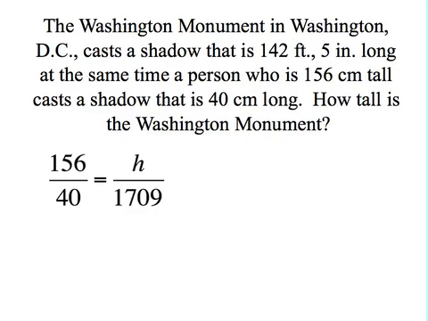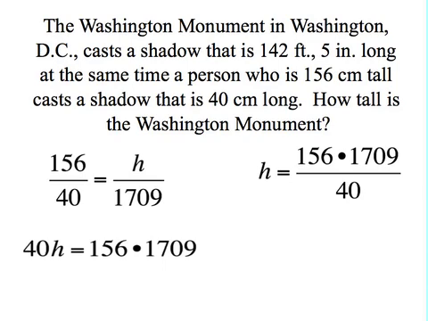For the man, he's measured in centimeters, so the ratio is centimeters to centimeters. And for the Washington Monument, we're using inches, so it's inches to inches. So this is still a proportion because each one is a ratio, and a proportion is a statement that two ratios are equal. So we apply the means extremes property to get that 40h is equal to 156 times 1,709.